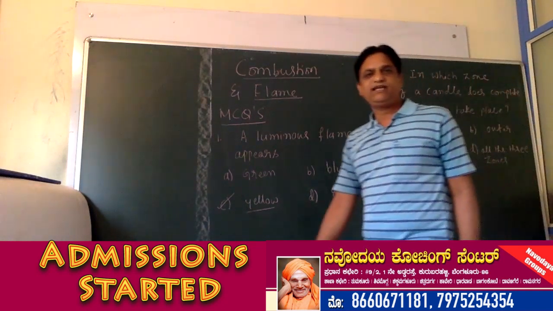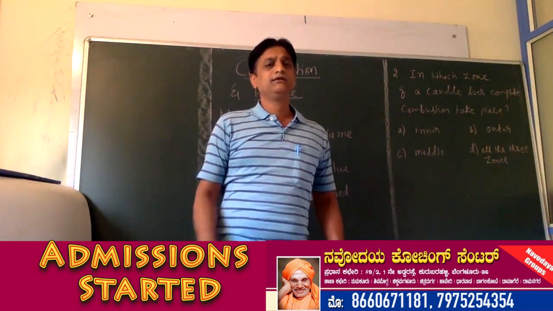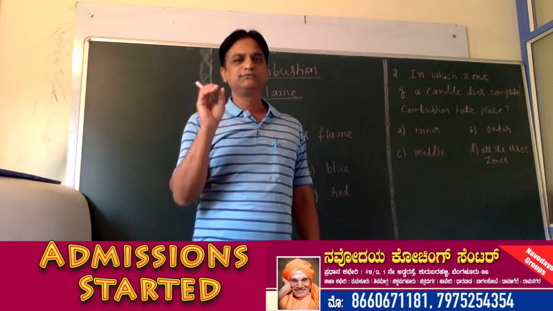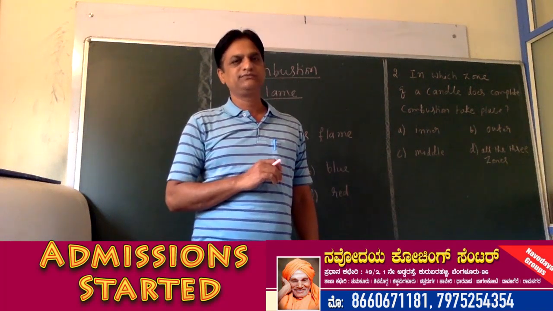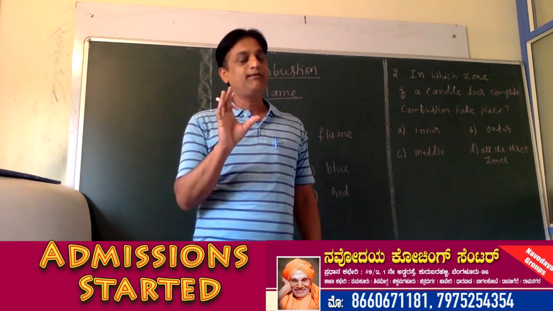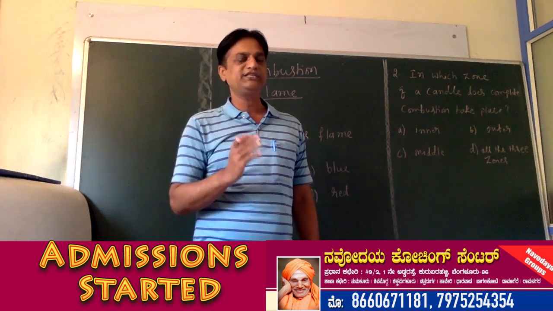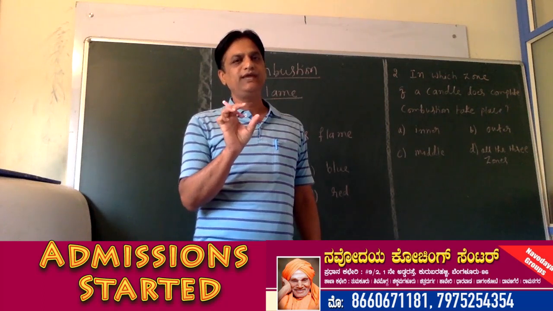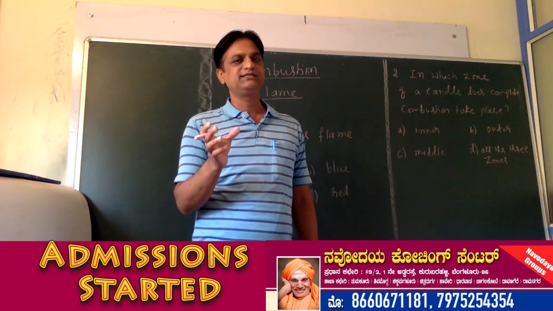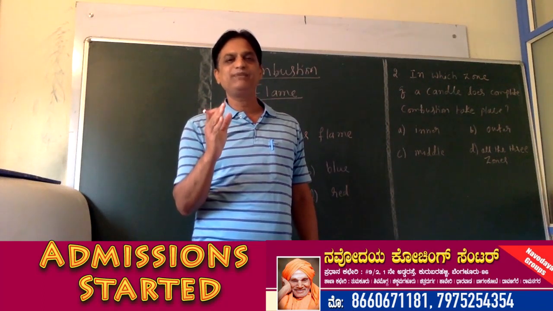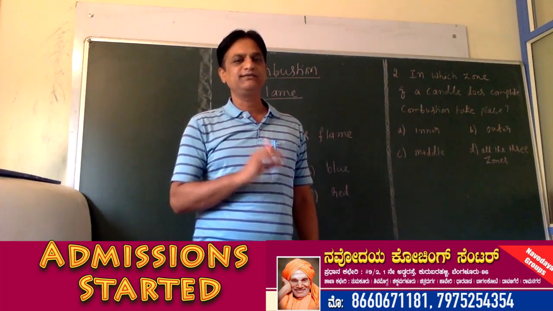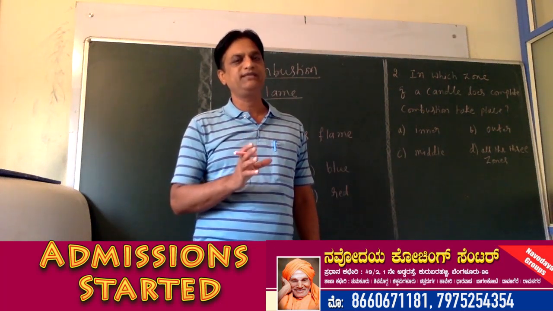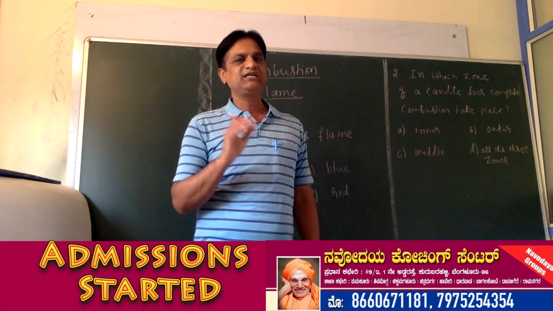Yes. We have discussed that a flame has three zones: outer zone, middle zone and inner zone. In the outer zone complete combustion takes place and it appears bluish, that is non-luminous flame. In the middle zone partial combustion takes place and in some regions it appears yellowish. The inner zone is where no combustion of fuel takes place, and it is called the dark zone.